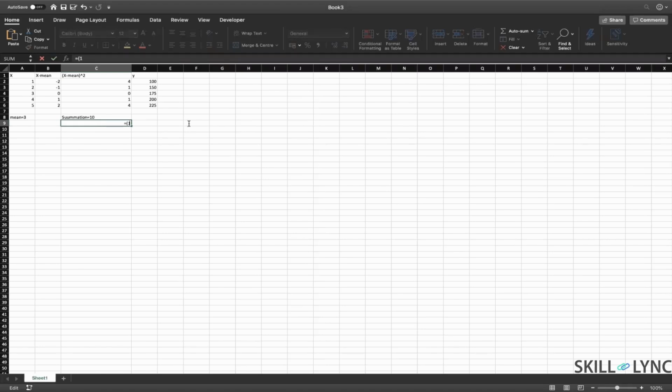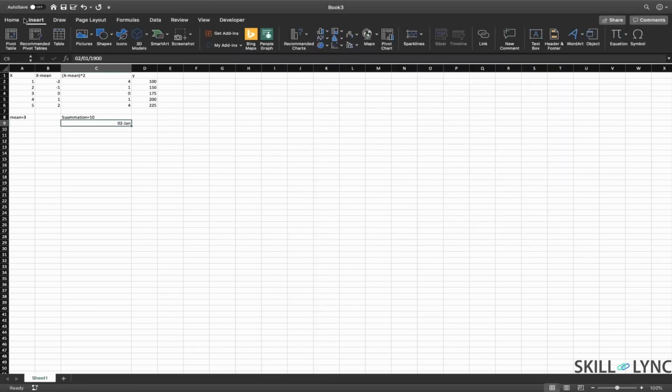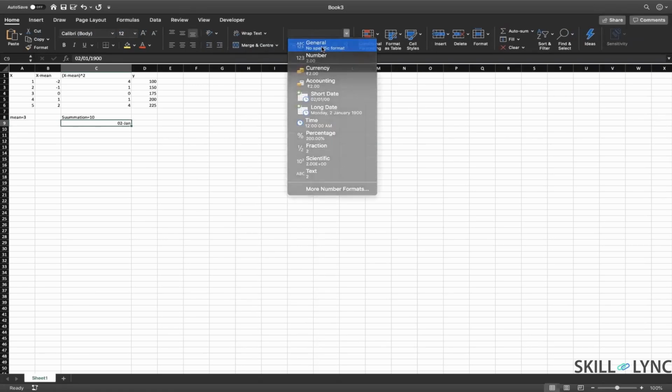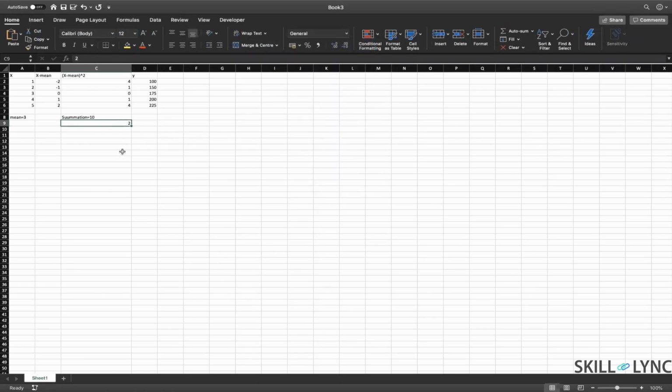Okay, I don't know why it is taking it like this, but we know that it is 2. It's because it's in the date format, I believe. I have to change that format.